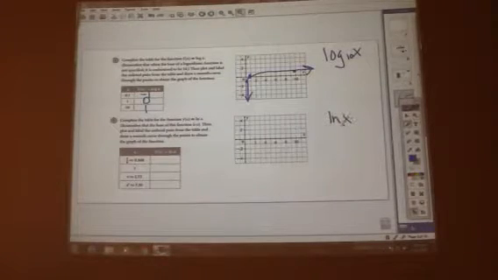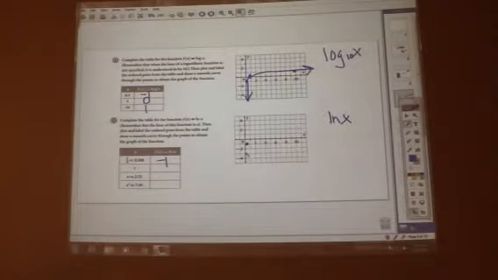Now let's look at natural log of x. All right, so the first one they give me is 1 over e. So I would do natural log of 1 divided by e, which would give me -1. So I know that 1 over e is 0.368, so that's just shy of 1/2, and -1.